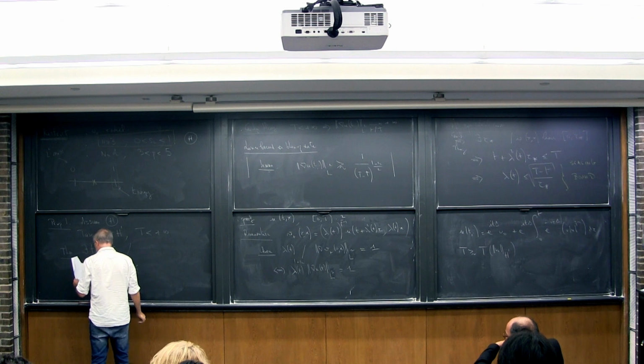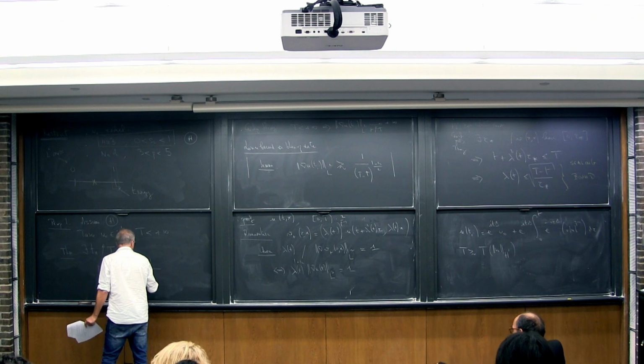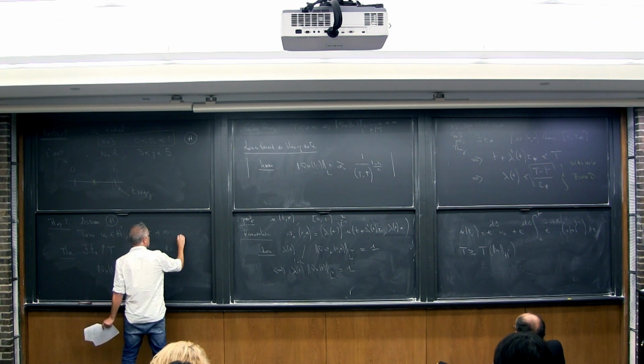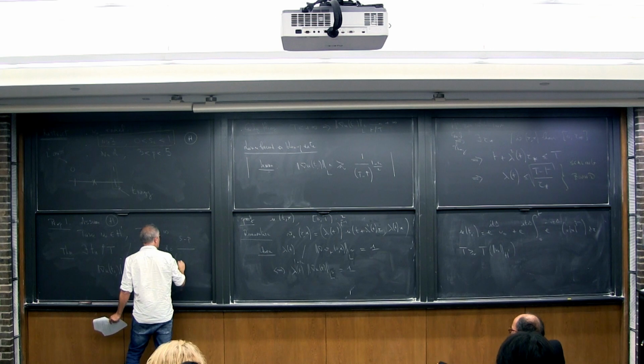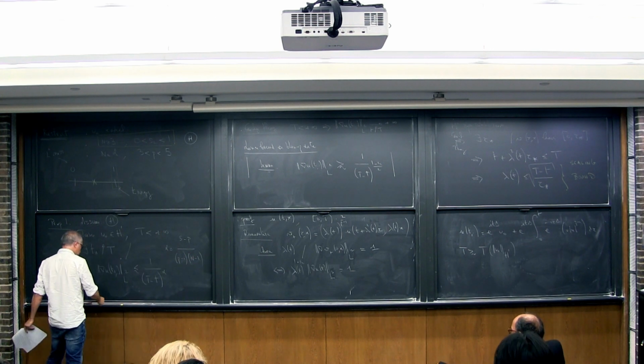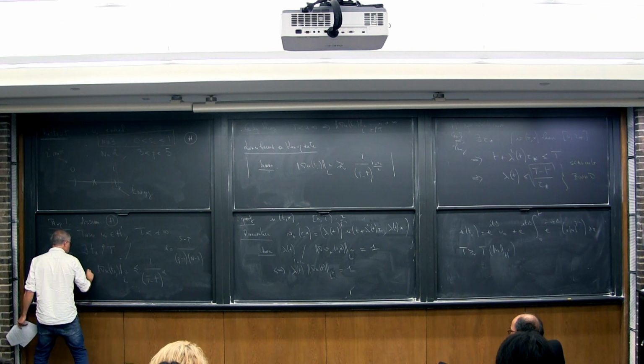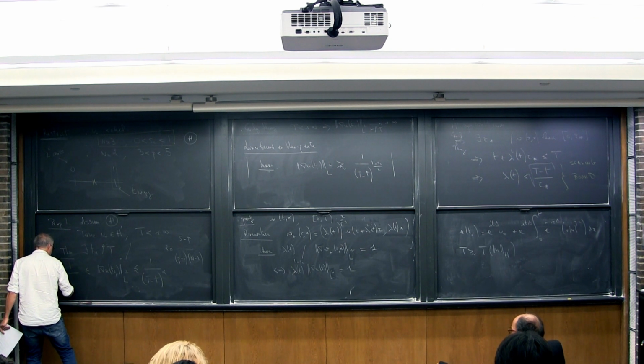It's controlled by 1 over T minus T_n to the alpha, and alpha is an ugly number. Alpha is (5 minus P) over (P minus 1)(n minus 1). And if you do your algebra, you can check that this is always bigger. So this is always true. This is the scaling lower bound.